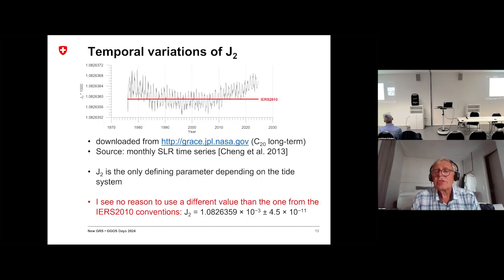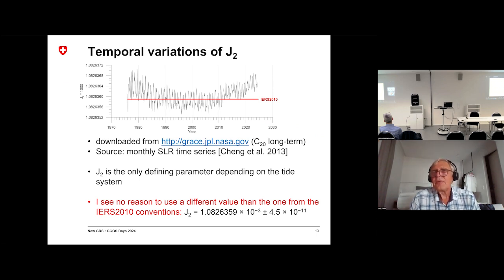Temporal variations of J2. This comes basically from SLR time series. So this parameter is really depending on the tide system.